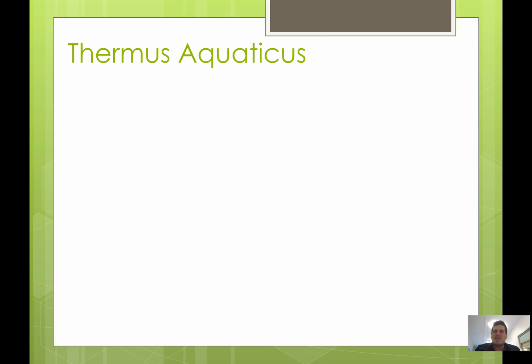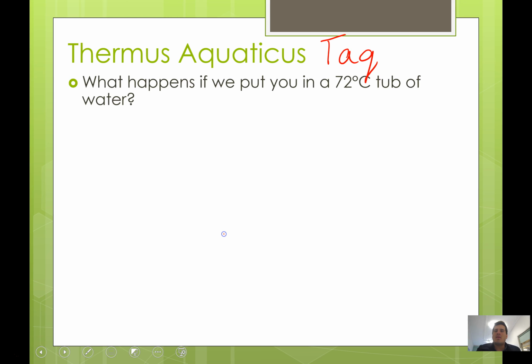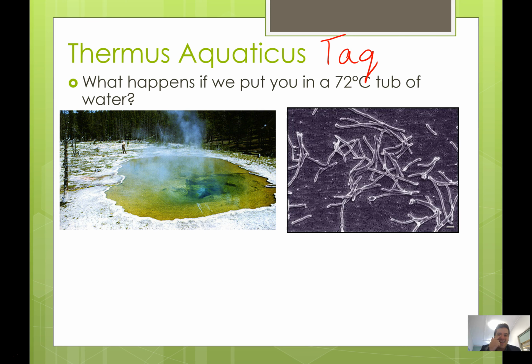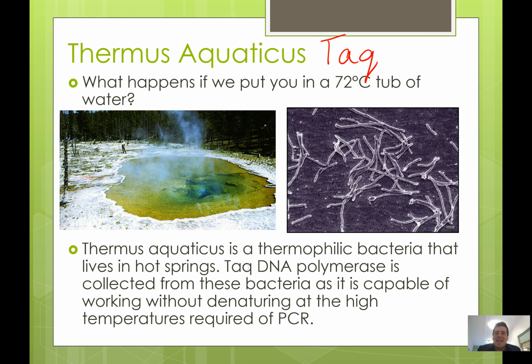So let's talk about this guy called Thermus aquaticus, which is the Taq in Taq DNA polymerase. Imagine what would happen if we put you into a 72-degree tub of water, you'd probably burn. Okay, so Thermus aquaticus is a thermophilic bacteria that lives inside of hot springs like this.